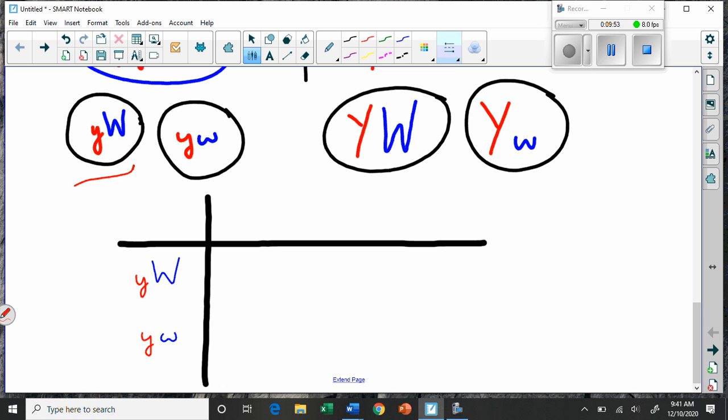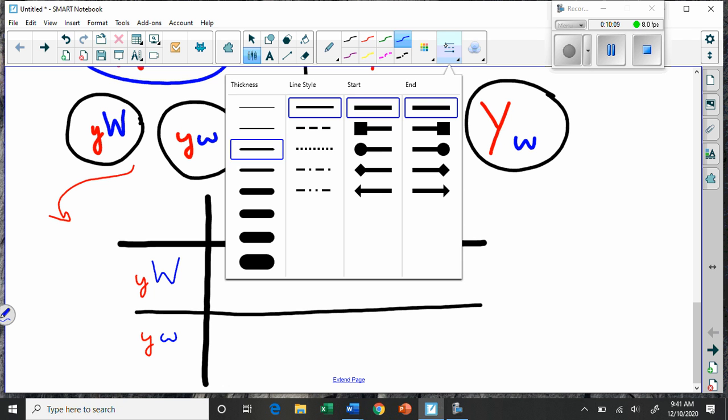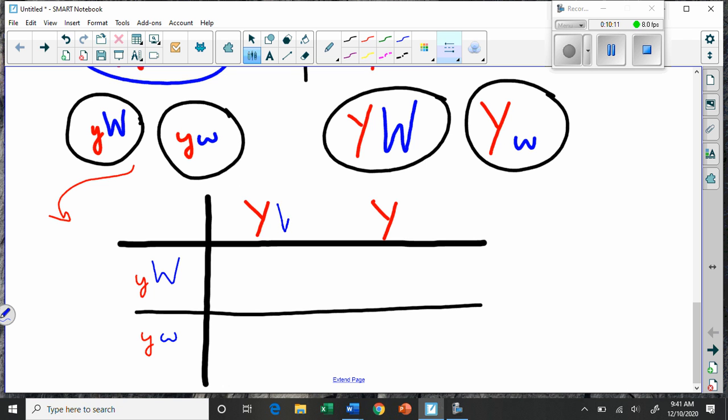There are the possible gametes from this parent. Then I'll take my black and I'll put a little line across. The possible gametes from the other are a big Y and big W, or a big Y and a little w. Those are the possible gametes from the other parent. And we'll put a cross in here.